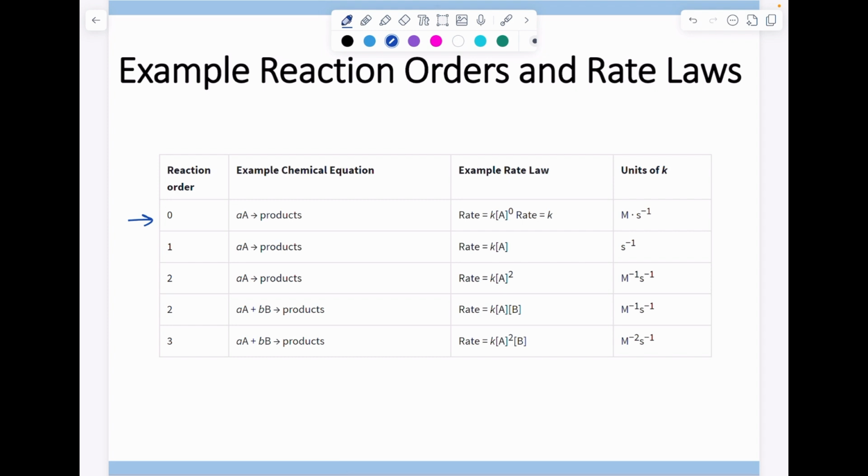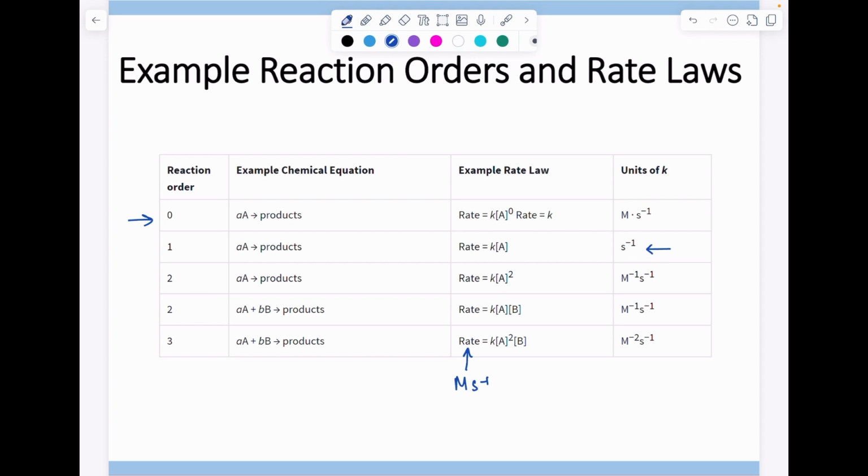If you have an overall reaction order of 1, there are different units of K, and if you look down that column, you'll see that there are different units depending on the reaction order. The units are there to align with concentration units for whatever is present to make sure that the rate unit, so the rate, is always molarity per second.